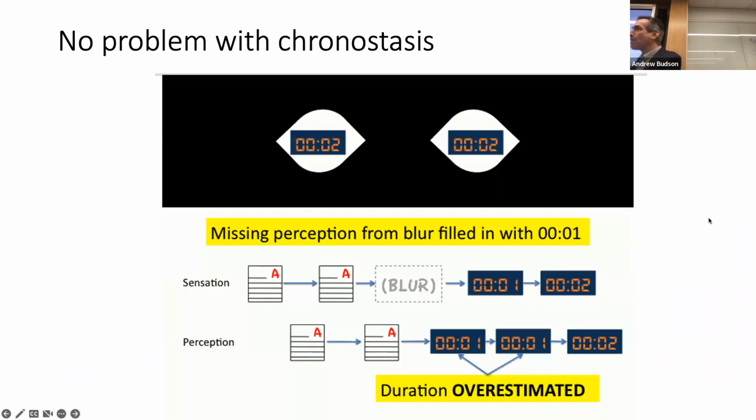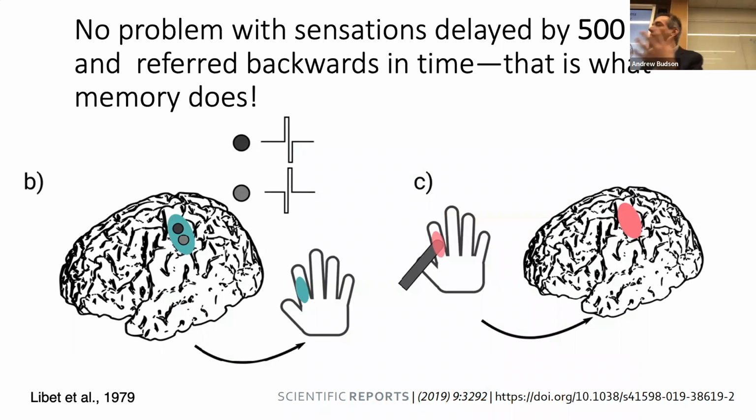There's no problem with the fact that when we have a saccade to somewhere else in the room, the final image on the saccade is projected backwards in time because we're simply remembering it. It's no problem that our sensations are being referred backwards in time by 500 milliseconds. That is what memory does. All right, so now you understand perceptions.